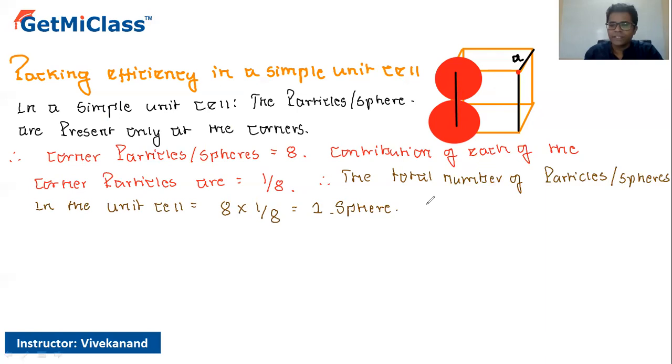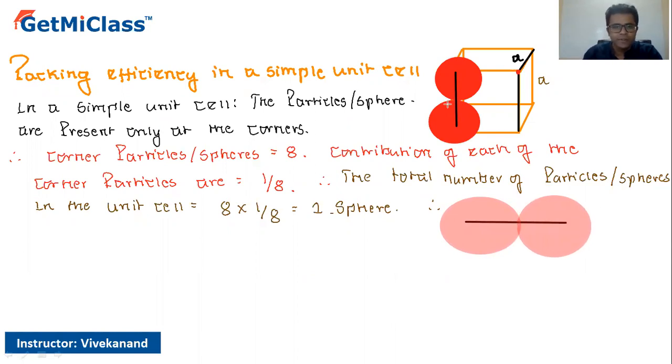Before proceeding further, let's consider this as the edge length, with the corner particles present at both ends, one corner particle here and another over here.